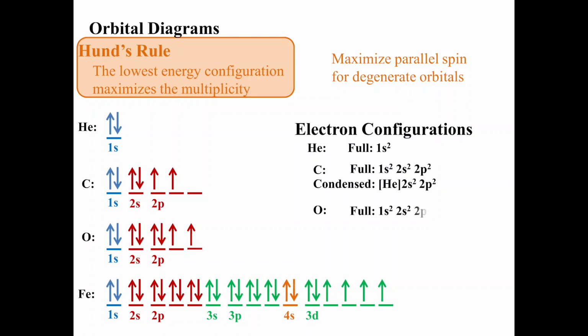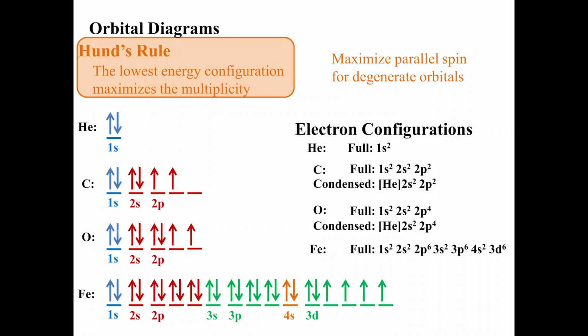So for oxygen, our full electron configuration will be 1s2, 2s2, and 2p4, because we have 4 electrons in our 2p orbital. And the condensed form will look very similar, where we have the noble gas configuration of helium, 2s2, and 2p4. And then finally we get to iron. For iron, we'd have 1s2, 2s2, 2p6, 3s2, 3p6, 4s2, and 3d6.